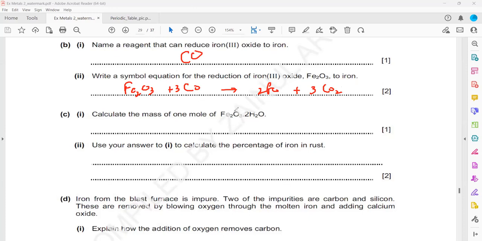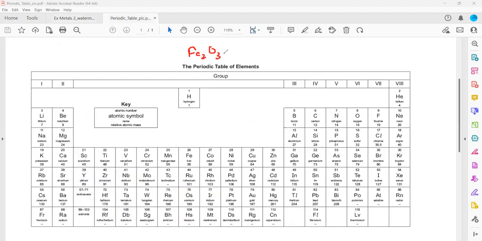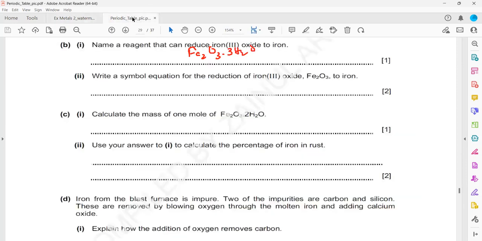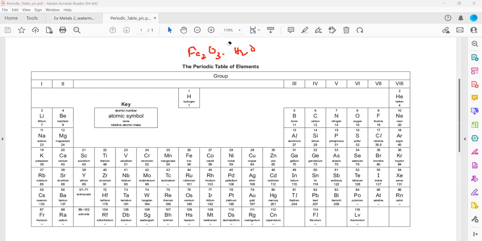Calculate the mass of 1 mole. Mass of 1 mole means we need the total mass of this, so for this we have to use a periodic table. Fe2O3.2H2O. Iron is 56 times 2, plus oxygen is 16 times how many oxygens? 3 here and 2, 3 plus 2 makes 5.